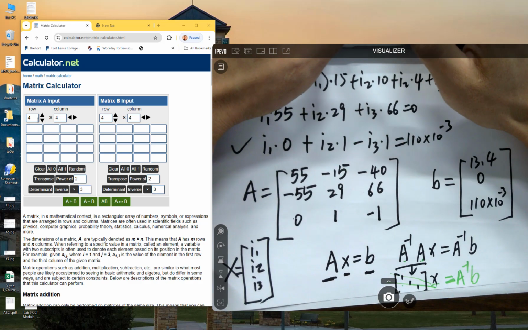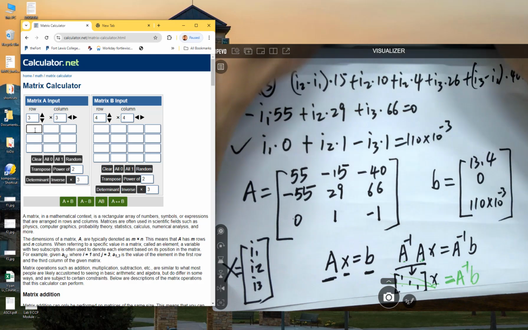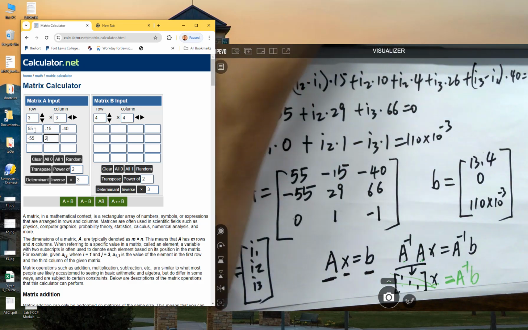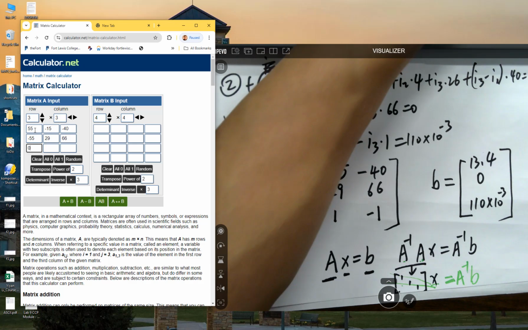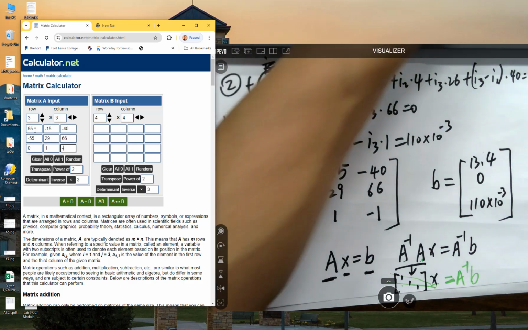It's 3 by 3, which is 55, minus 15, minus 40, minus 55, 29, 66, 0, 1, minus 1.